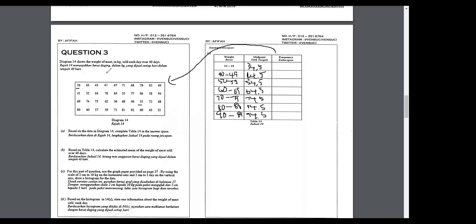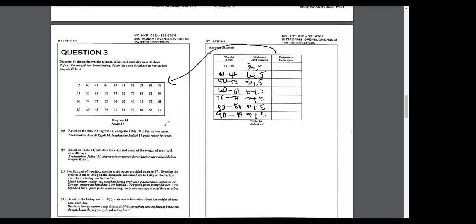So the next one 7, and then 10, and then 8, and then 4, and then 3. You just count and fill in the frequency. The answer is provided for you, so you look at it and check whether it's correct. If not, you have to count again.